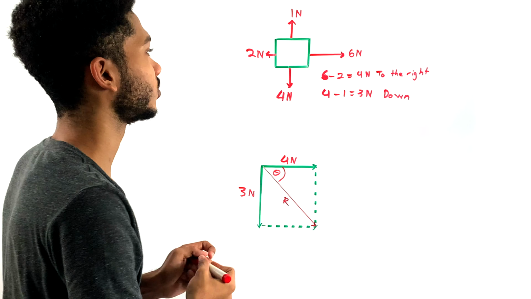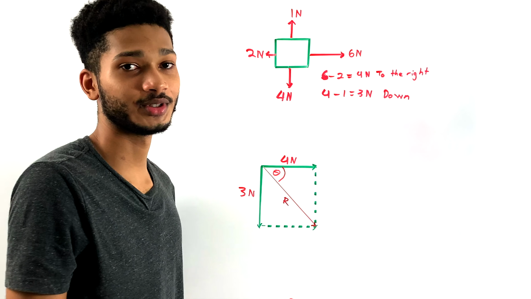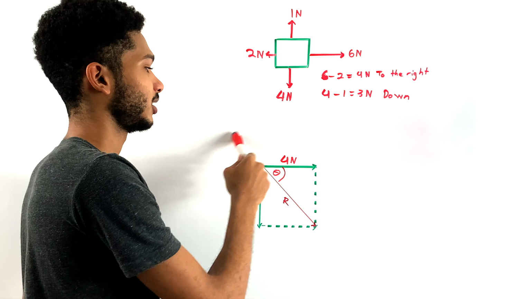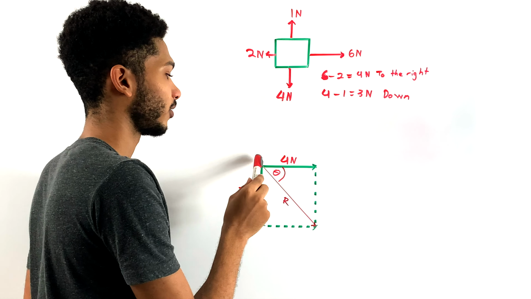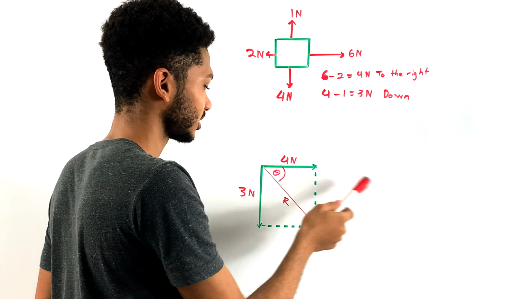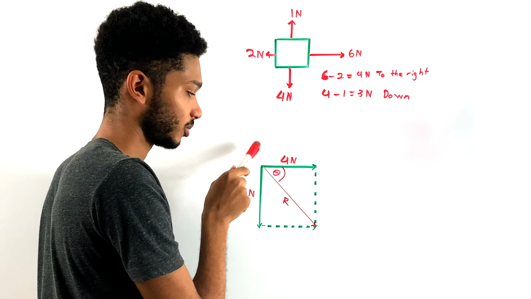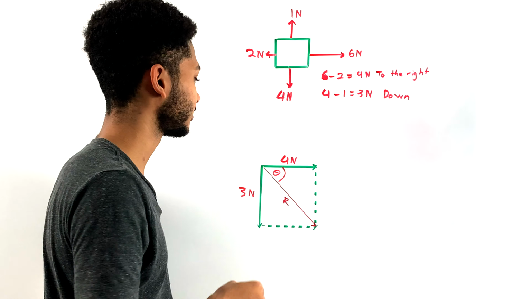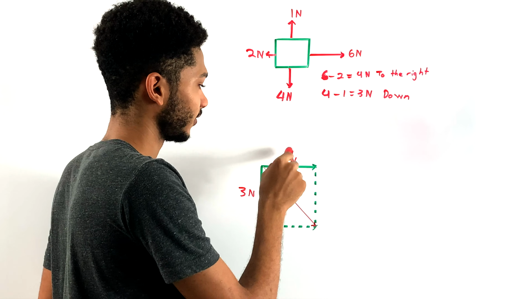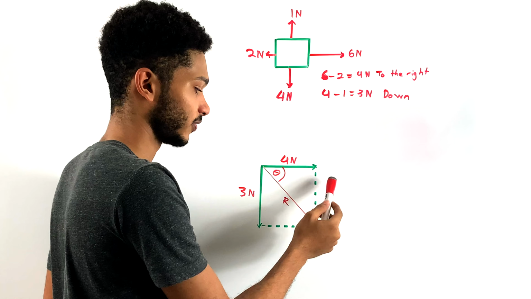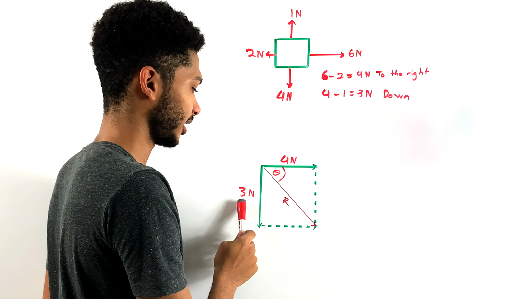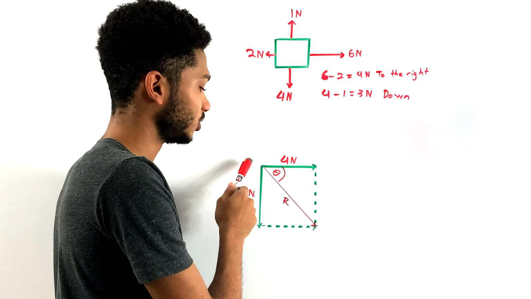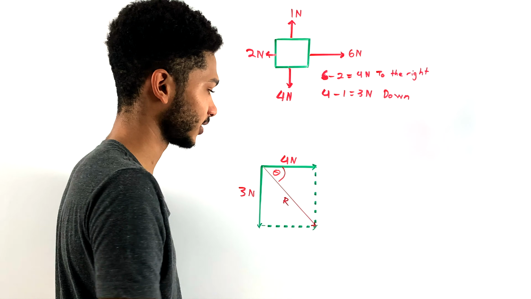So now we have our two values, 4 newtons and 3 newtons. We can create this right here. So we'll have 4 newtons to the right, 3 newtons down, acting upon a point. And as we know about the parallelogram method, we reconstruct vector A and mimic it over here, and vector B over here. And then you join the points to find the resultant vector.